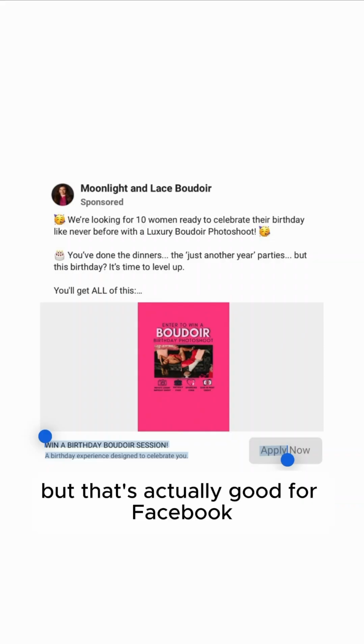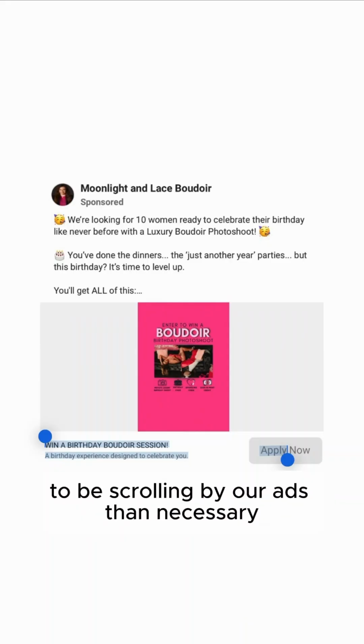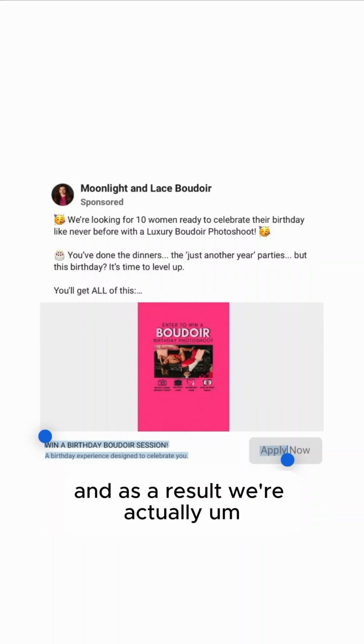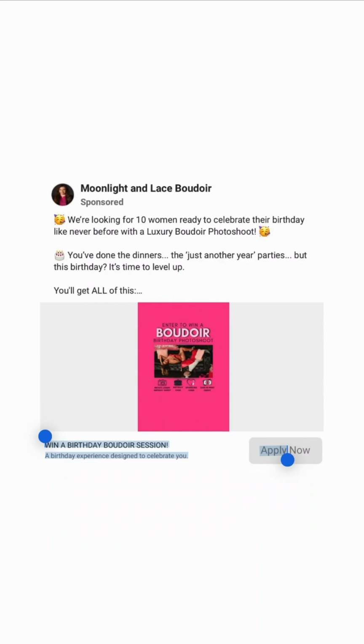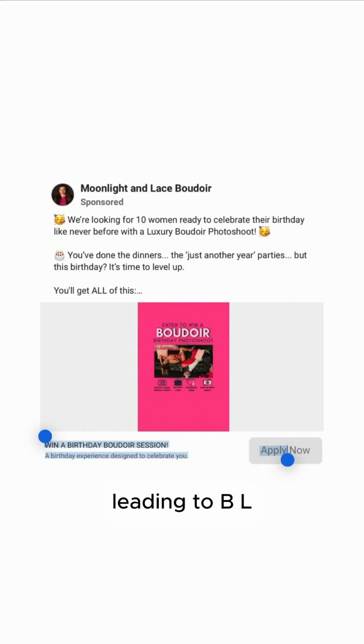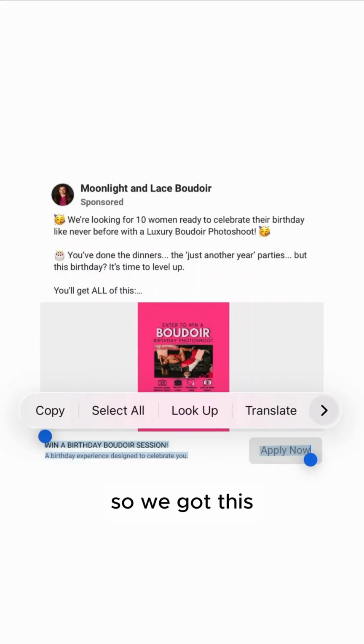But that's actually good for Facebook. It's bad for us because it causes way more women to be scrolling by our ads than necessary. And as a result, we're causing more women to scroll by, pulling our unique CTR under 6%, leading to BLCS, Boudoir low click syndrome.